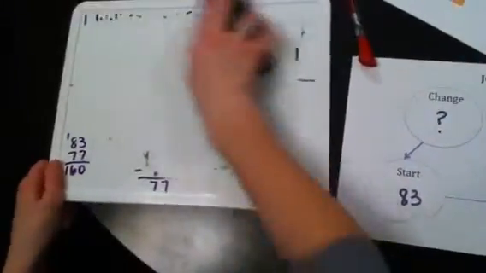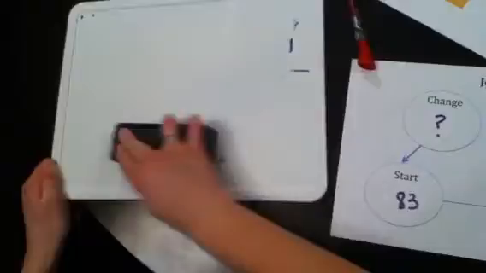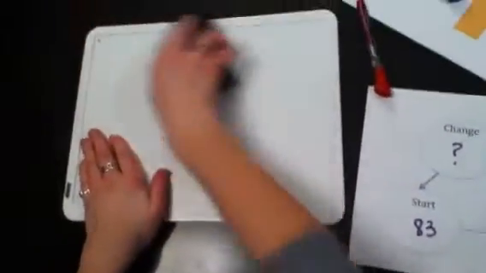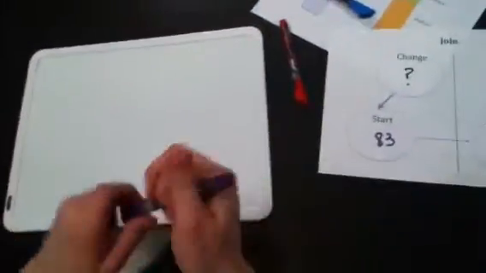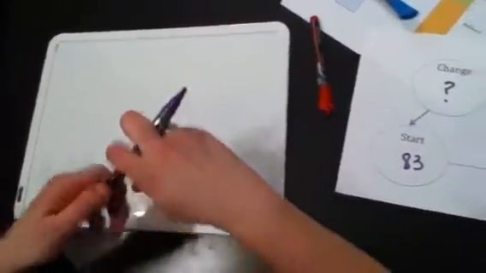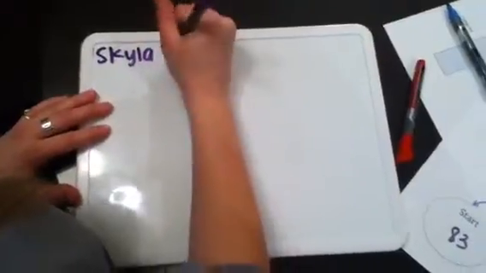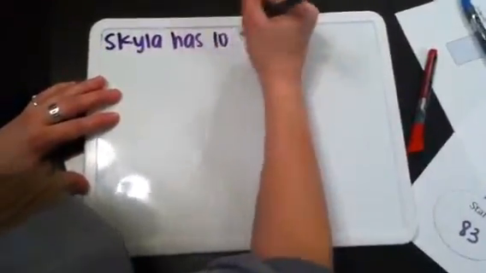Just give me a second so I can write the problem and get everything all set up for this one. So our next problem is going to be: Skyla has 10 dolls.